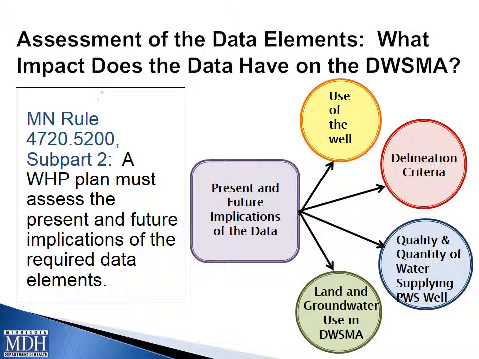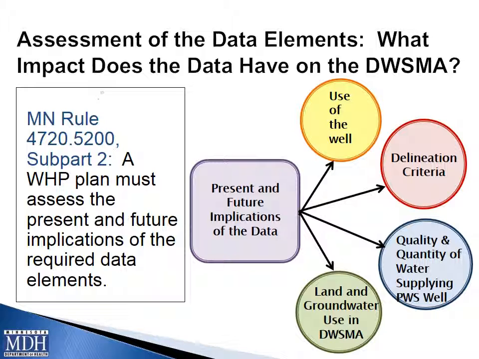Finally, the Minnesota Wellhead Protection Rule instructs us on what we should specifically assess the data for relative to the DWSMA. We're directed to look at each data element's present and future impact on the use of the well, delineation criteria, quality and quantity of water supplying the PWS well, and land and groundwater use in the DWSMA.